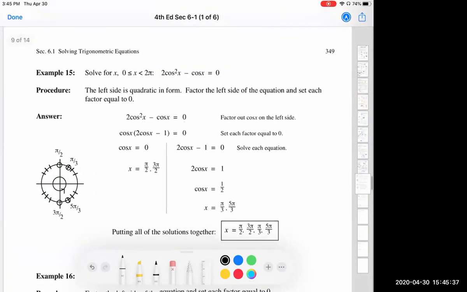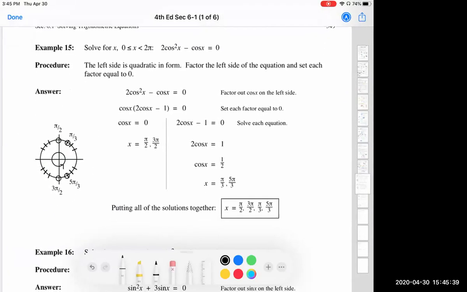All right, let's do example 15. Now we can put everything we worked with together when it comes to factoring. Example 15. Solve for x when x is between 0 and 2 pi for the equation 2 cosine squared x minus cosine x equals 0. Let's read through the example.